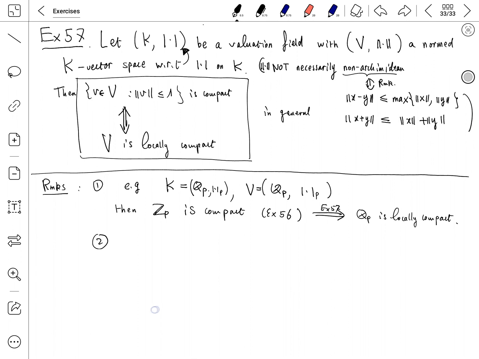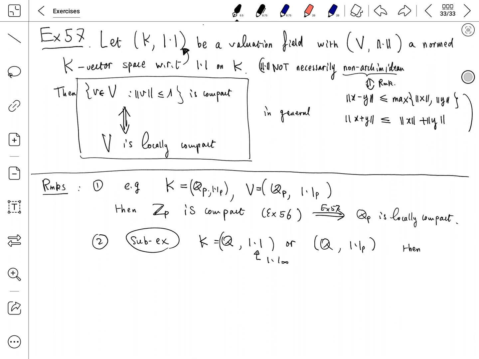Secondly, some exercise: if you take K to be Q, the rational numbers, with the absolute value or the p-adic valuation with p equals infinity, or a p-adic valuation, then it doesn't work.